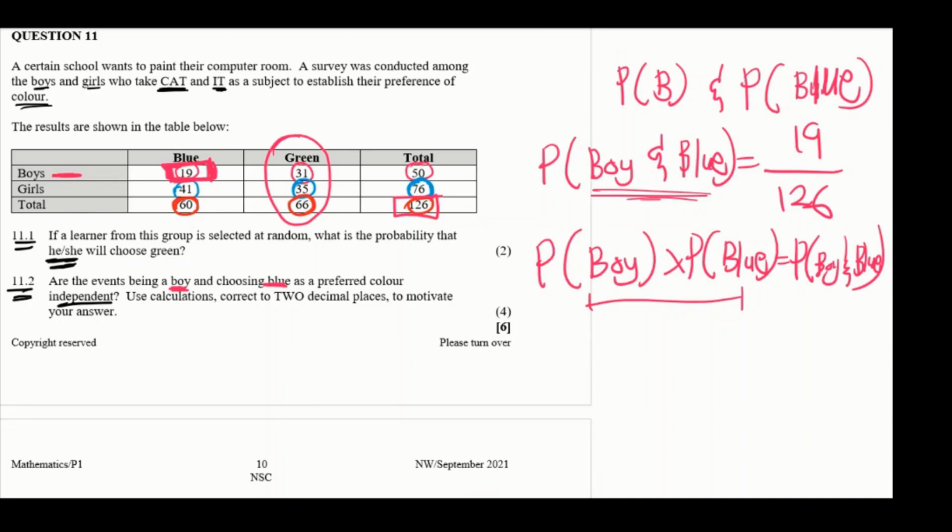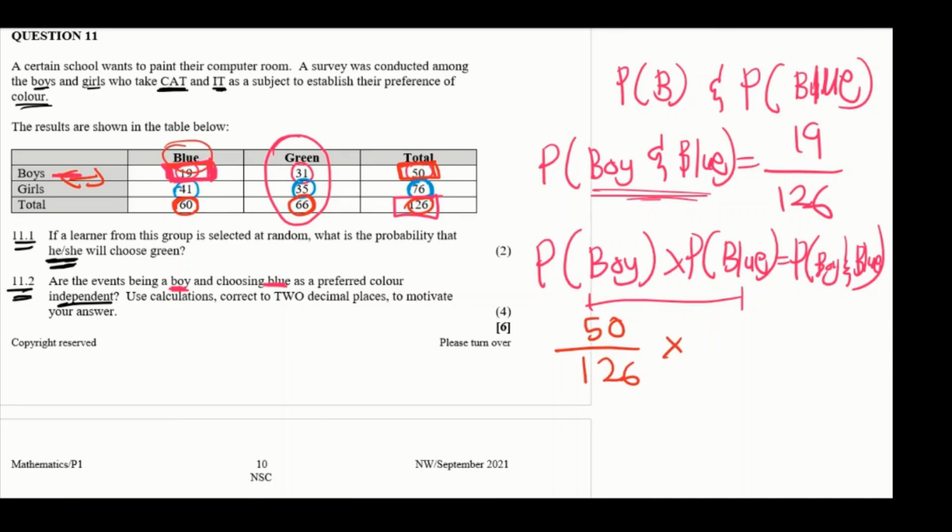So let's check, what is the probability of a boy? These are boys, right? What is the total number of boys? It's 50. If you look at the contingency table, it's 50 out of the total number of learners, which is 126, multiplied by the probability of the color blue.